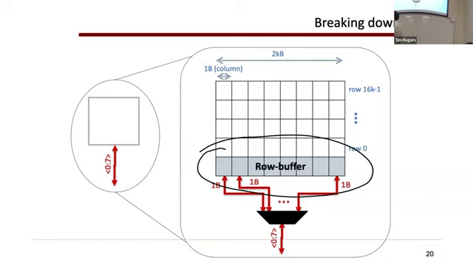So sense amps are these analog circuits that try to detect very small changes in the voltage or current levels, so you can tell whether the bit is 1 or 0 very quickly. The row buffer could just be simply the pins that come out of those sense amps, and that's just held constant, or it could be latches where you latch in the result after it's been read out. And that's an implementation dependent thing. It doesn't really matter. What matters is that when you read out that whole row, you can get quick access to everything on that row, as opposed to trying to access something on a different row.